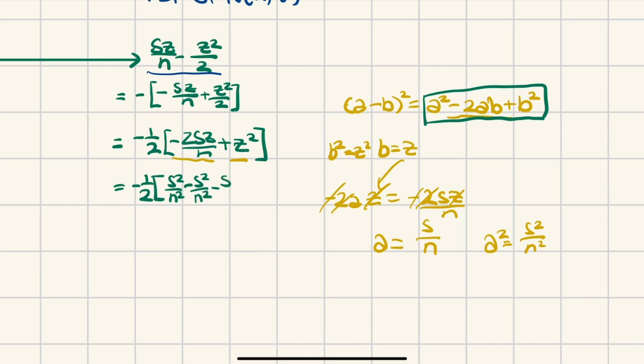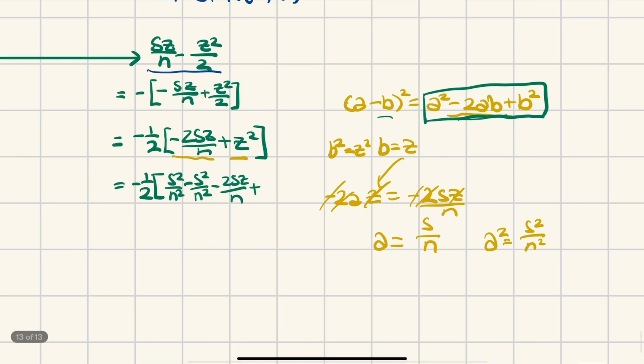Then we just copy the rest down, because we know that negative 2ab is negative 2sz over n, and b squared is z squared. Alright. And now to completely complete the square, we have to take this part out of the way.